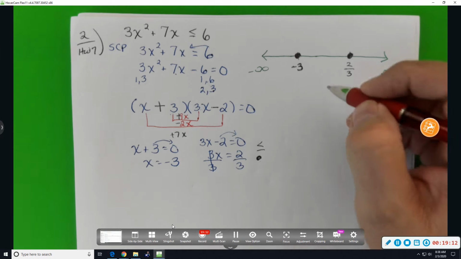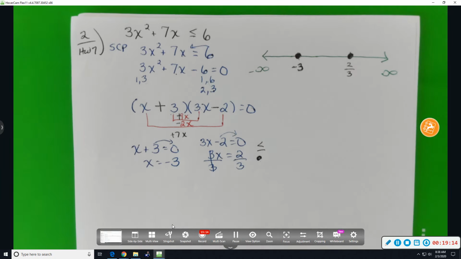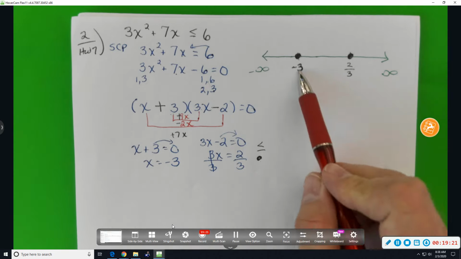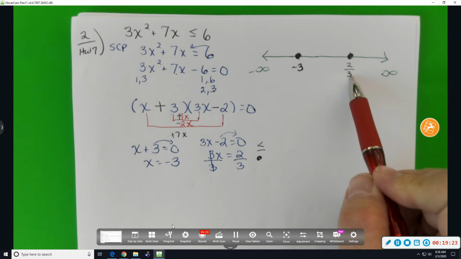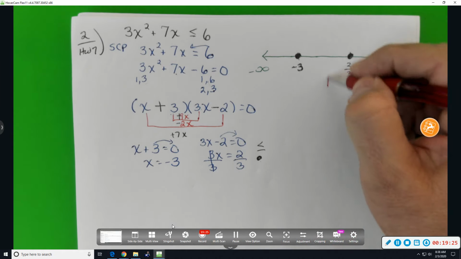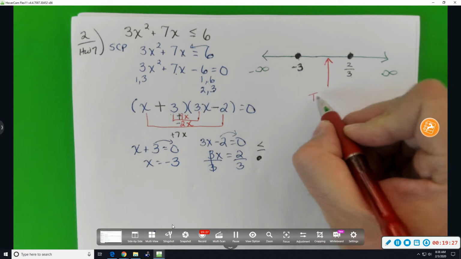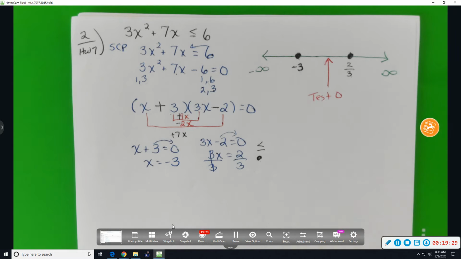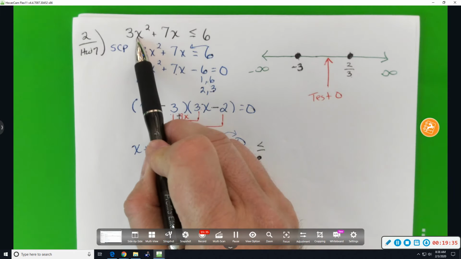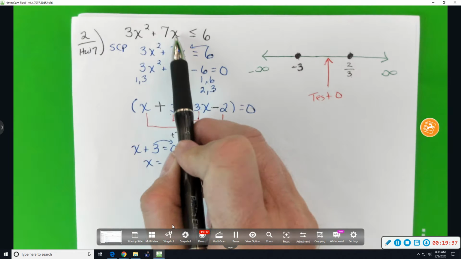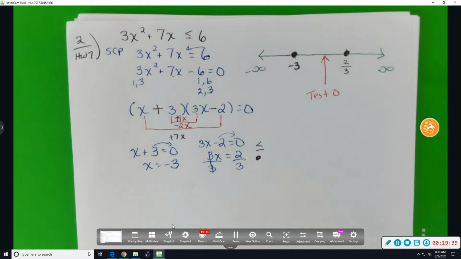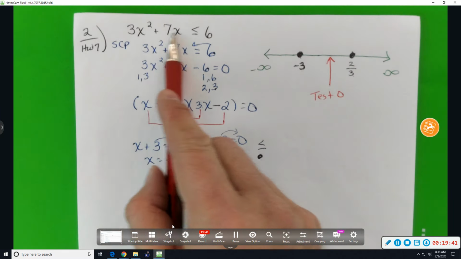So I'm going to test 0. Where would 0 lie on this number line? Between negative 3 and positive 2 over 3. So right here I'm testing 0. And I plug a 0 in here and here. So I'm plugging a 0 into the original problem.